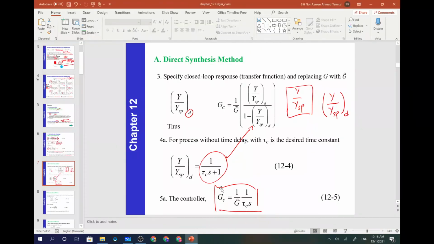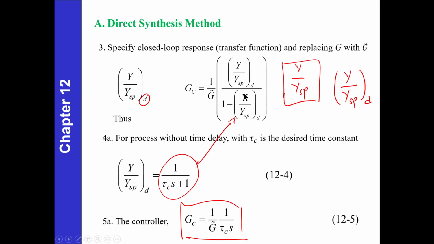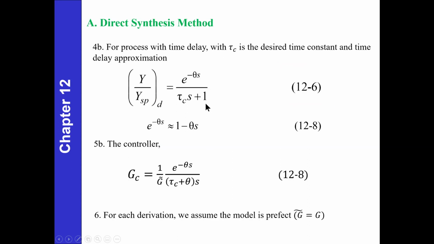So let's take out our slide. When we get this equation, we will substitute the Y over Y sp d. This is our first case, which is a process without time delay. This one, and you should get this one. Try to substitute it. And case number two is a process with time delay, which is this one.